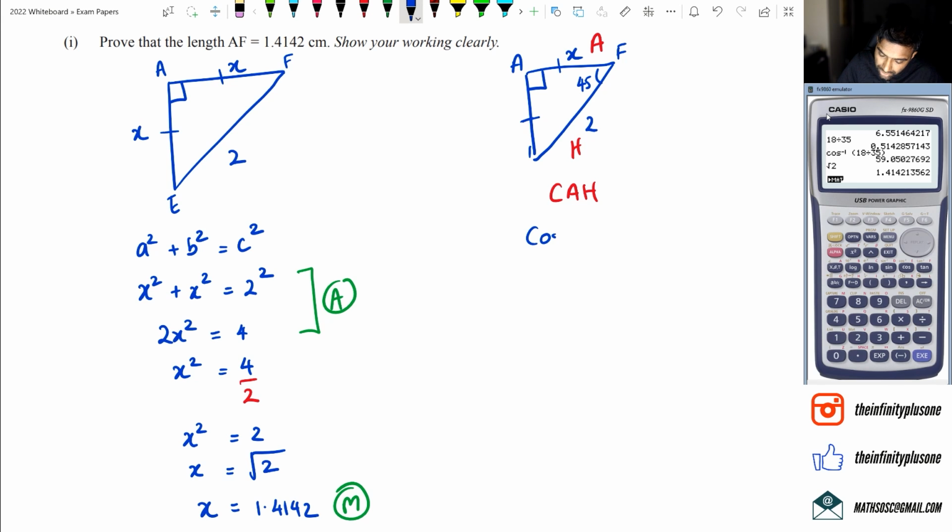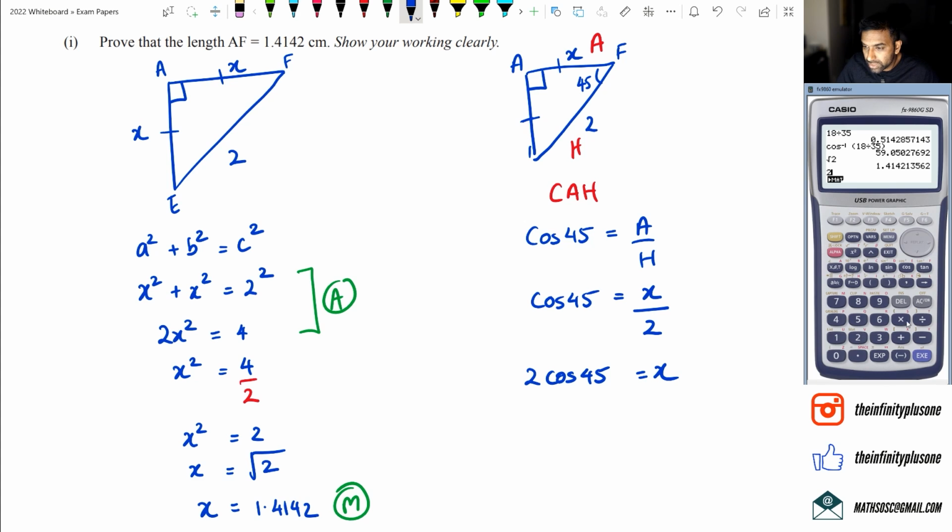So we've got cos 45 is equal to adjacent over hypotenuse. So cos 45 equals adjacent, which happens to be x, over hypotenuse, which happens to be 2. We cross multiply, so we get 2 times cos 45 is equal to x. And in our calculator, we're going to do 2 times cos 45.